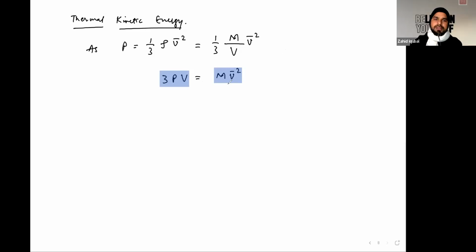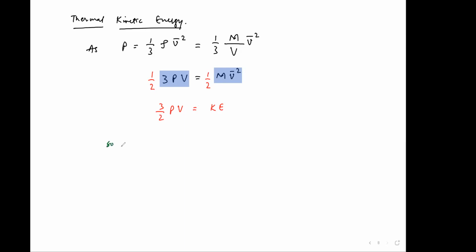Good. So in this part, we have mass times velocity square, but we have to calculate it 1 by 2 mv square. So just multiply half to both sides, so that this entire term will become kinetic energy equals to 3 by 2 times PV. Is it clear?